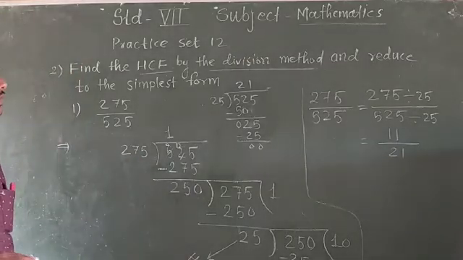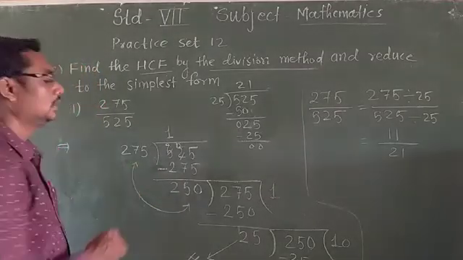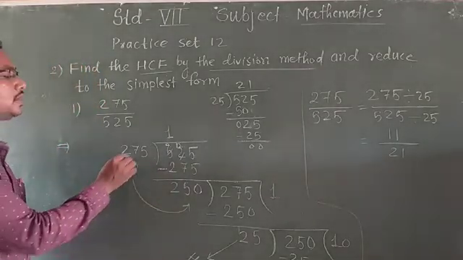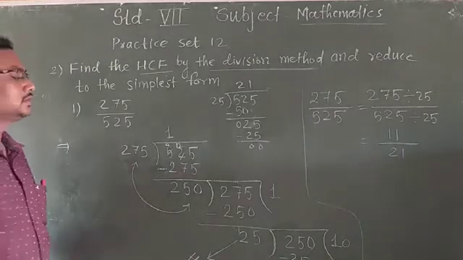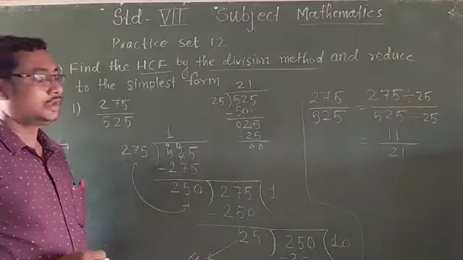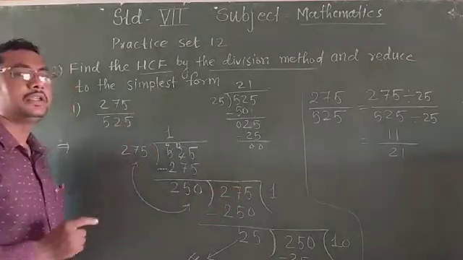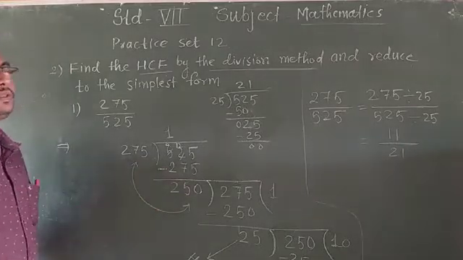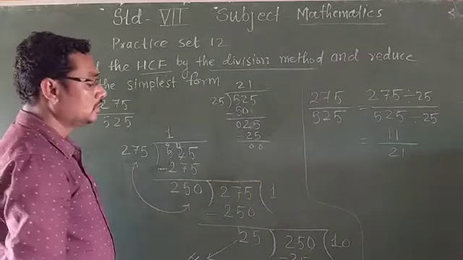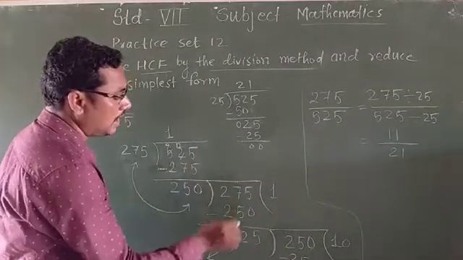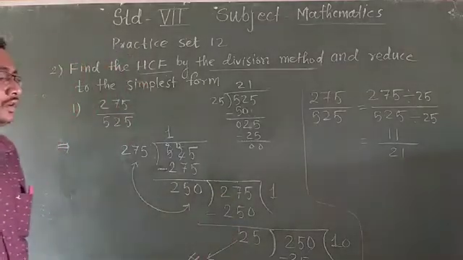Now look here. After that, 275 is the previous divisor, and we have to divide the previous divisor by this remainder, 250. So 250 times 1 is 250. We get 5 minus 0 is 5, 7 minus 5 is 2, 2 minus 2 is 0.